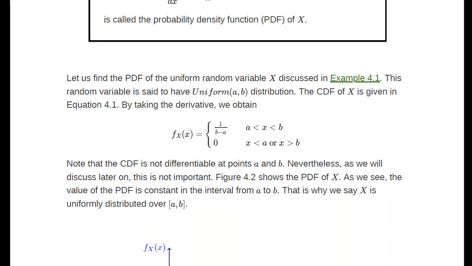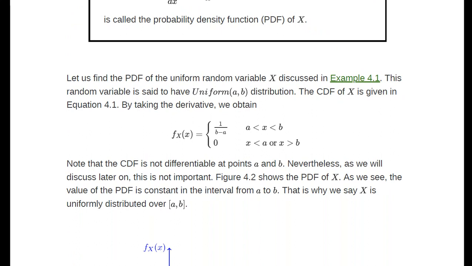By taking the derivative, we obtain f_X(x) equal to 1 over b minus a for x between a and b, and 0 otherwise. Note that the CDF is not differentiable at points a and b. Nevertheless, as we will discuss later on, this is not important.